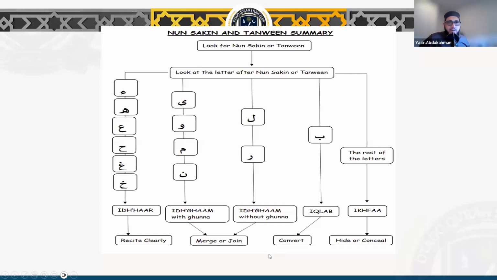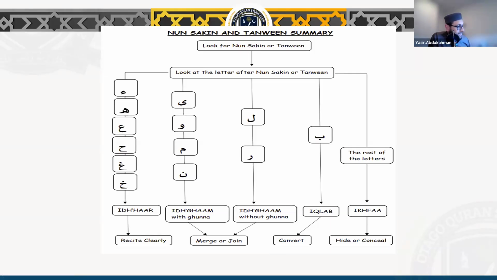The linguistic definition, the noun, has already been mentioned in page 131. So quickly go to page 131 and talk about the ikhfa. So the English version is actually in page 130, right?